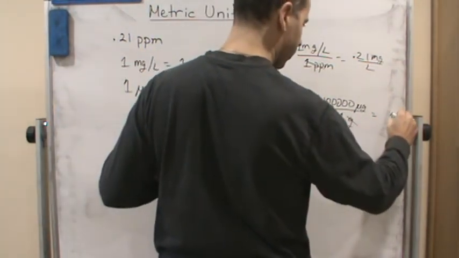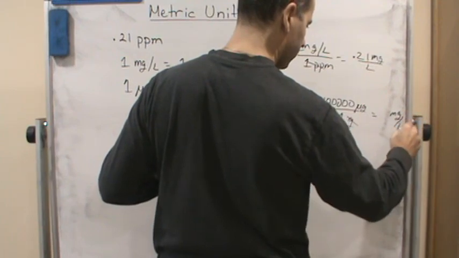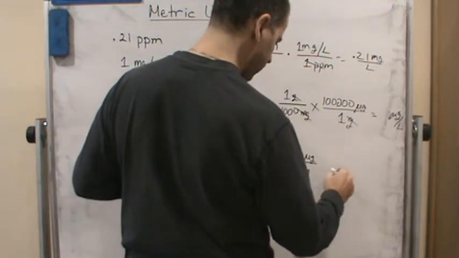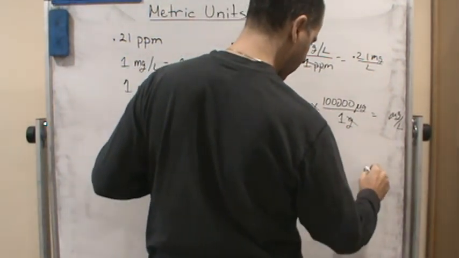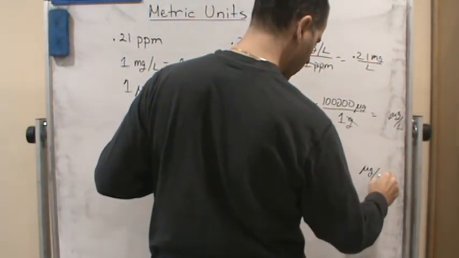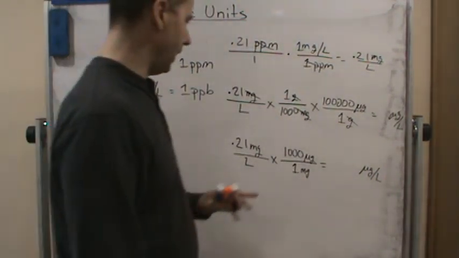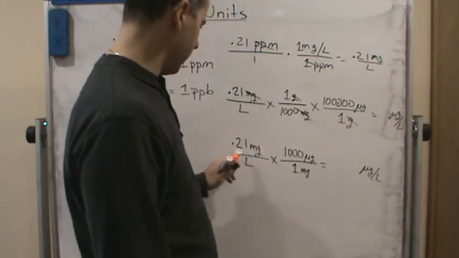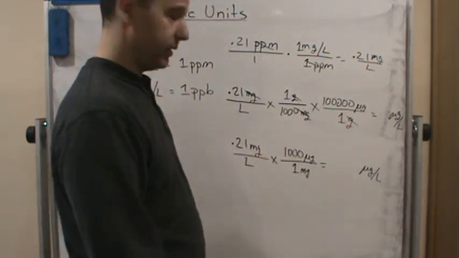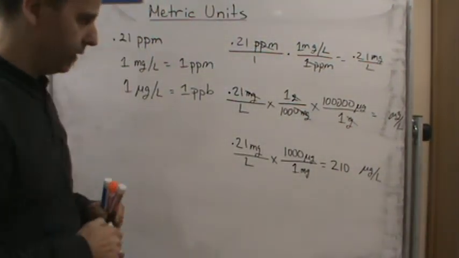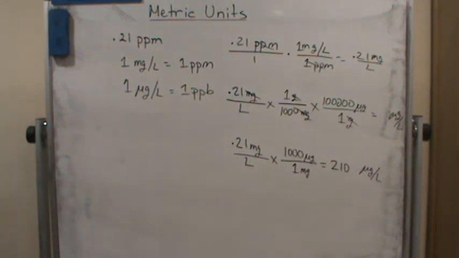I'm going to end up with micrograms per liter over here too. And so I'm going to end up just moving the decimal point to the right 3 decimal places. So I'm going to end up with 210 micrograms per liter. Or if you want to look at it, it's 210 parts per billion.